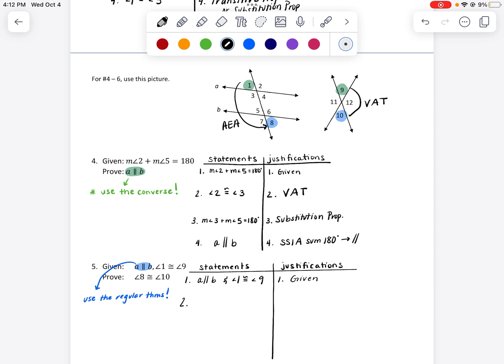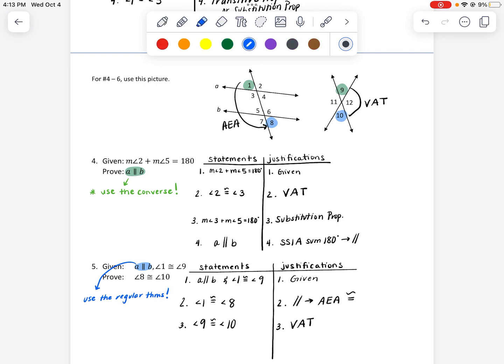It doesn't matter which one I go first. I'll just do angle 1. So angle 1 is congruent to angle 8, since we have parallel lines, alternating exterior angles are congruent. Then I can write angle 9 is congruent to angle 10, and that's our vertical angle theorem.